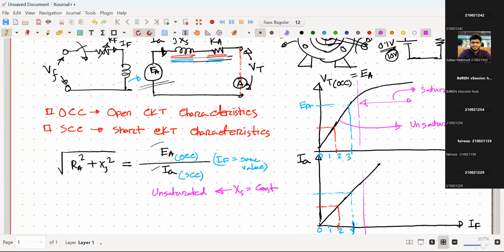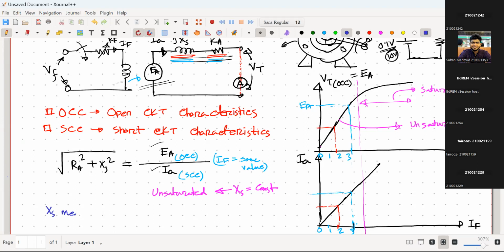And Xs will have a varying value for the saturated region. So Xs that is measured in the unsaturated region is named as unsaturated synchronous reactance. I repeat, Xs that is measured in the linear region is named as unsaturated synchronous reactance. Let me write it here for you.